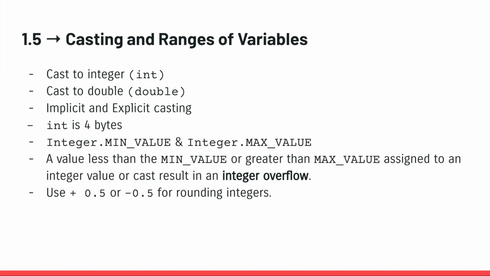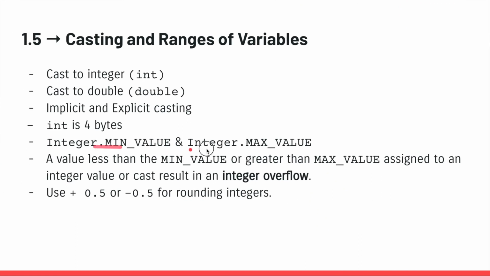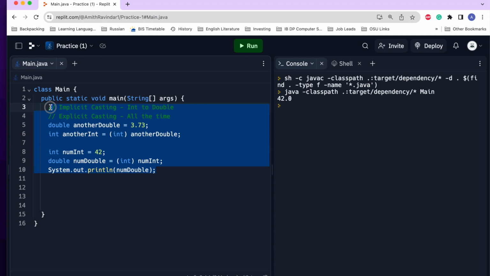Now, partly because an integer is only 4 bytes and only takes up a limited amount of memory, there is a minimum and maximum value that an integer can be. And that's true for double as well, although for double it's not really a big deal because it's an astronomically high value. So let's try doing something like this. These minimum and maximum values of integers can just be utilized like that.